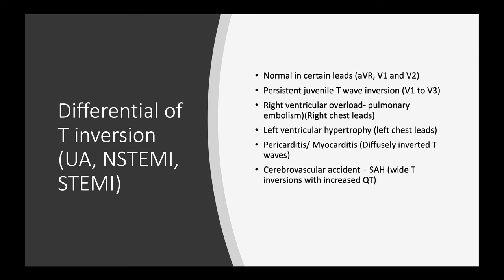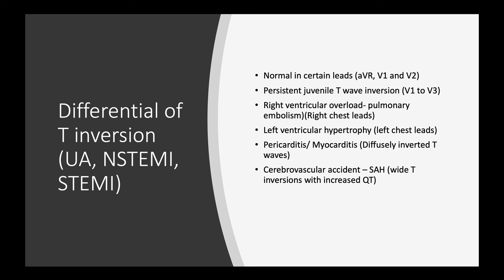Another important thing that we need to consider is cerebrovascular accidents. Subarachnoid hemorrhages especially can cause wide T inversions with increased QT intervals. So you have someone who's presented with a subarachnoid hemorrhage, and you take an ECG and you notice these wide T wave inversions.